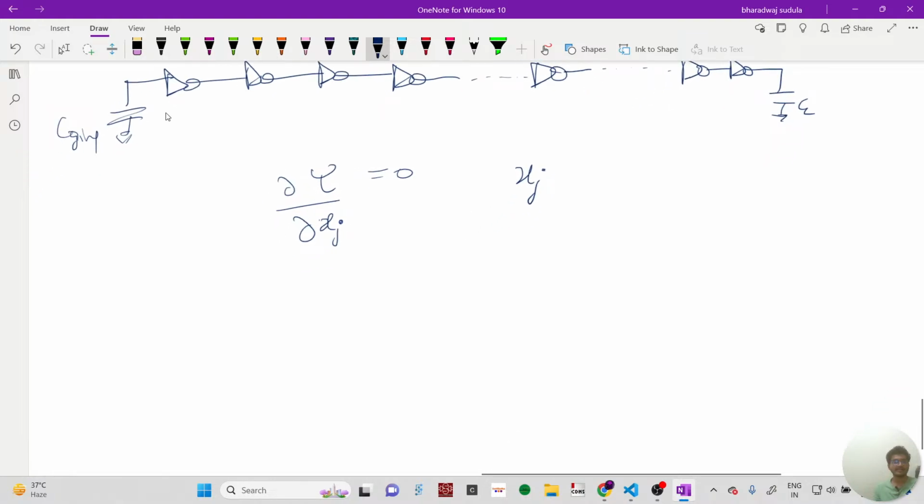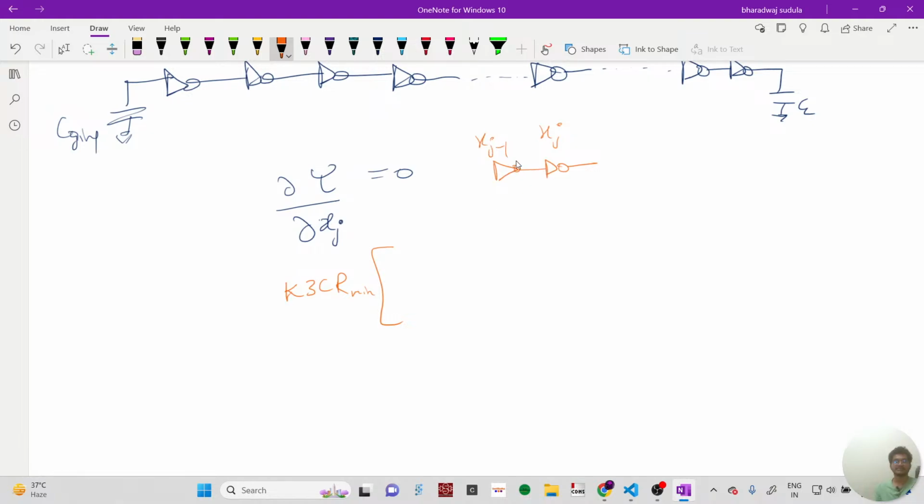Having that clarity, we can move forward: this differentiation will yield a K3CR, which will remain the same. Let's say this is xj, and this is the previous gate.